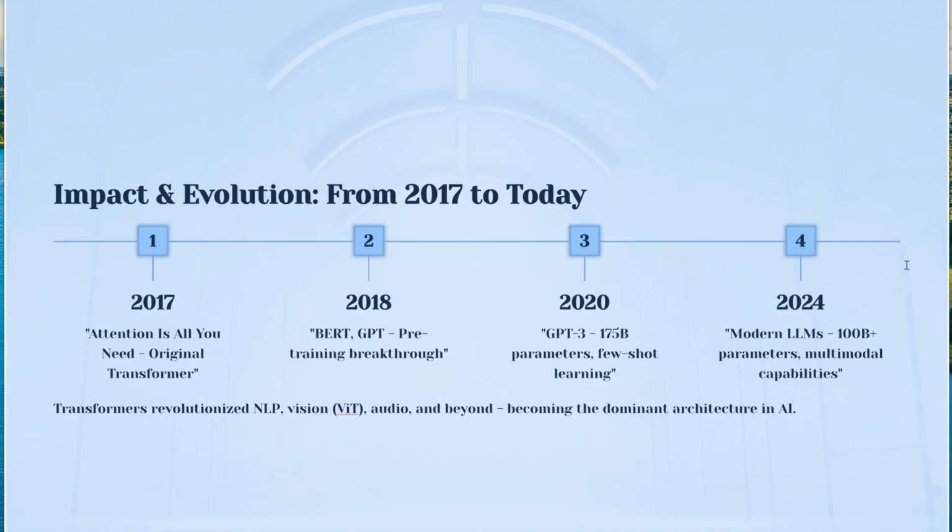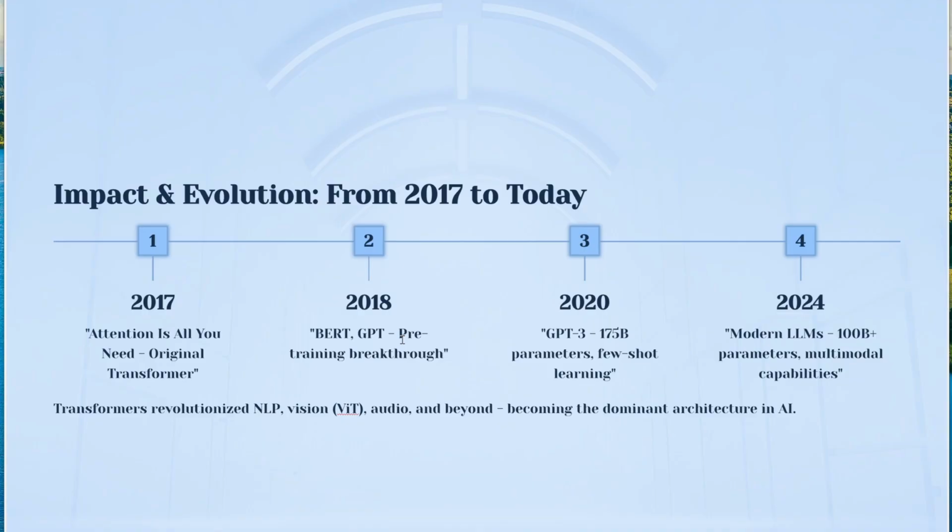In 2018, BERT and GPT came about, and what they brought to the world is a pre-training breakthrough. As you can imagine, these models are large and extremely data hungry, and preparing labeled data like we typically do in supervised learning is very hard.